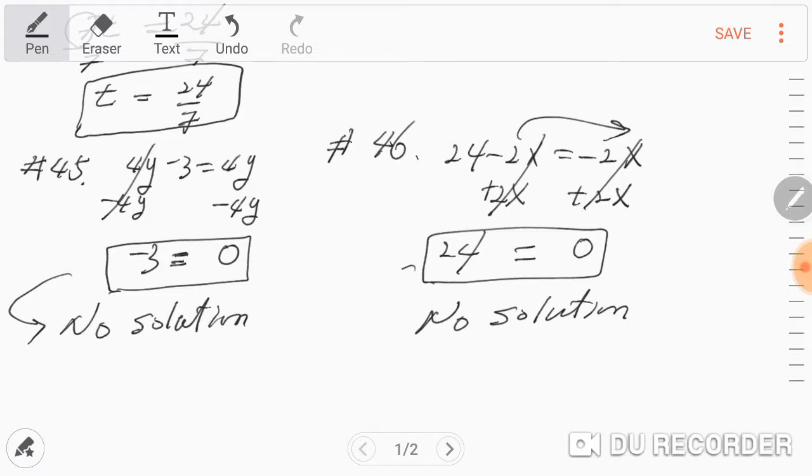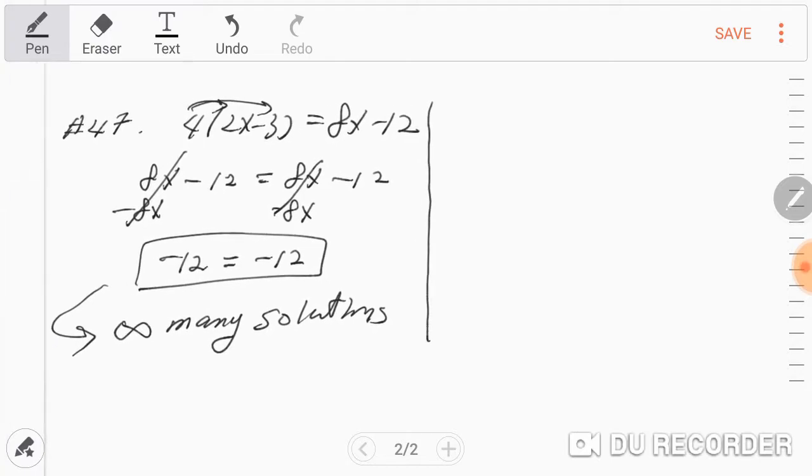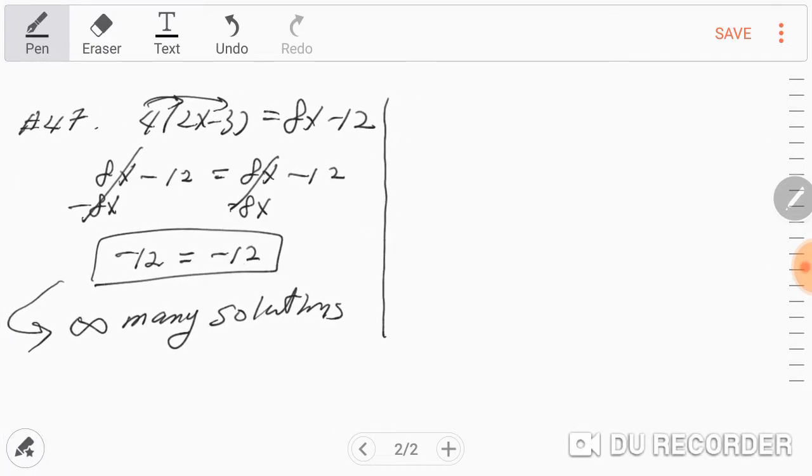This is not true. Then we say there is no solution. We cannot find any x values. No real number satisfies the equation. On the other hand, if the result is true, then all real numbers, all the values of x, satisfy the equation. So there are infinitely many solutions.